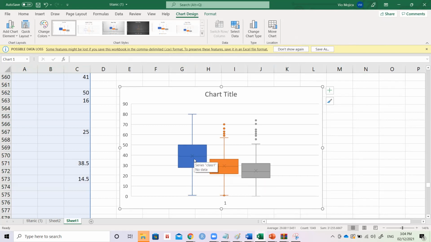The average ages are all different across the 3 passenger classes, and we confirm that inferential statistics work that way. This difference, number 1 versus number 2 versus number 3, is statistically significant, which means that we can generalize it for all Titanic passengers, the whole population. We can safely assume that.